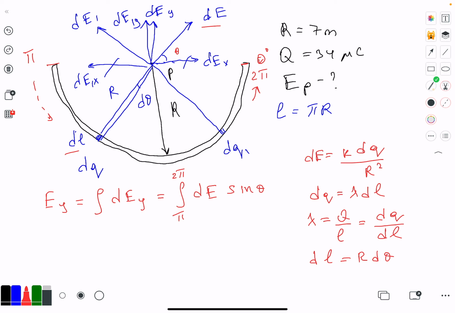Let's plug everything into this formula. dE is equal to k dq, and dq is equal to lambda dl, so dq is lambda r d theta, correct? So dE is k lambda r d theta divided by r squared, so r cancels out, and we end up with k lambda d theta divided by r.